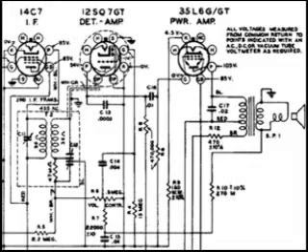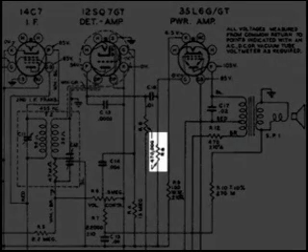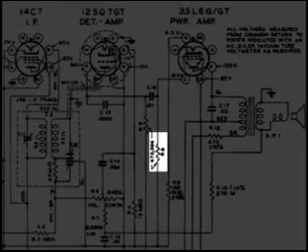This is the bias resistor for the 35L6, but there's also another resistor, this one right here. It's known as a cathode resistor that also influences the bias of the grid of the 35L6.